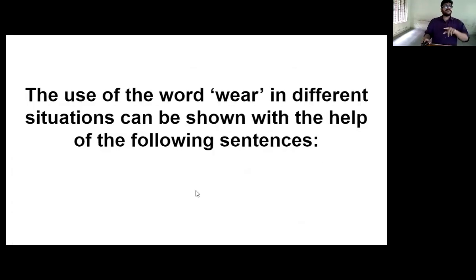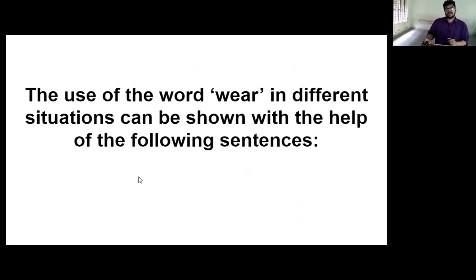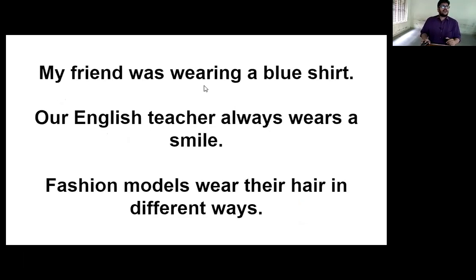The use of the word wear in different situations can be shown with the help of the following sentences. You could use a dictionary for this purpose. So I am going to show you a few examples related to this. First one is, my friend was wearing a blue shirt.